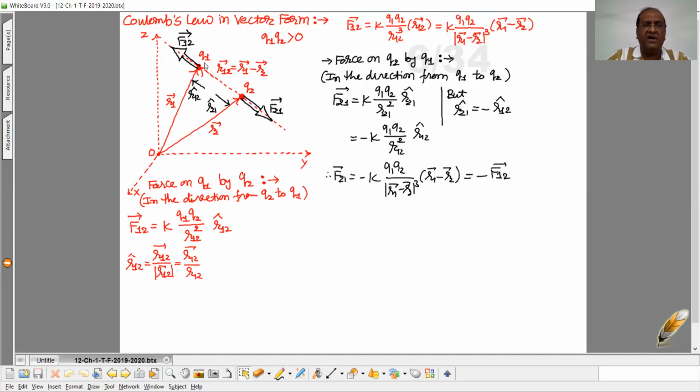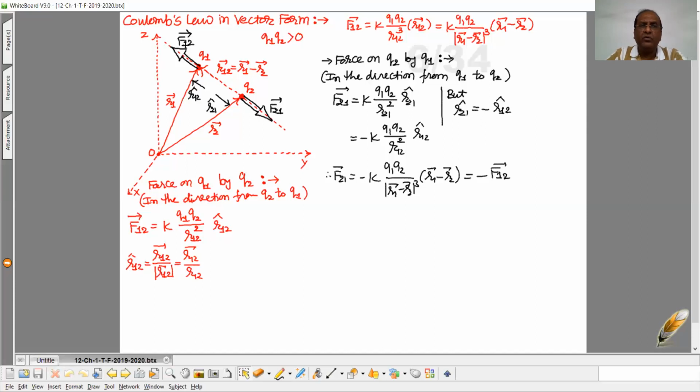The position of 1 with respect to 2 is represented by the vector from 2 to 1, that is r12. Position of 1 with respect to 2 is r1 minus r2. Now here q1 q2 is greater than 0, meaning both charges are positive, so the force between them is repulsive.